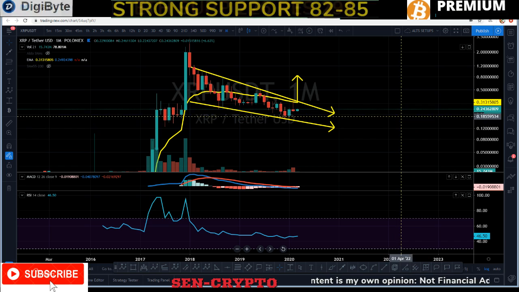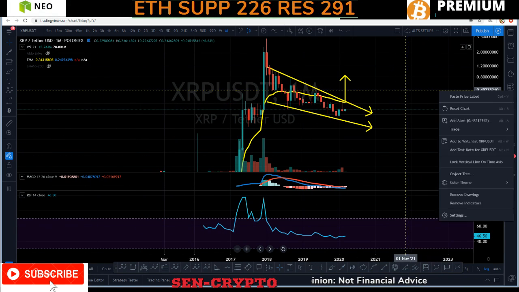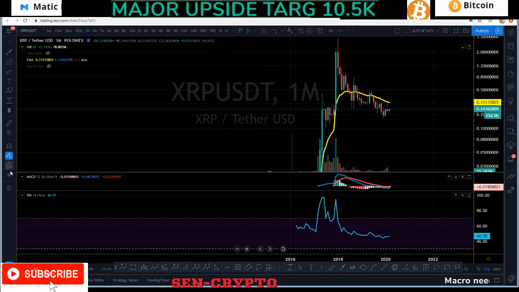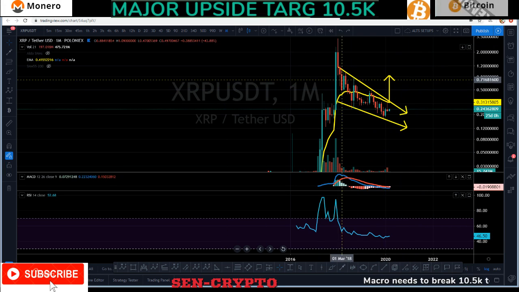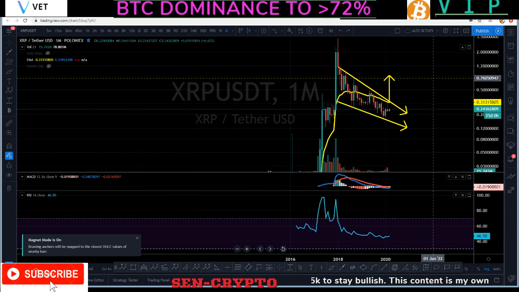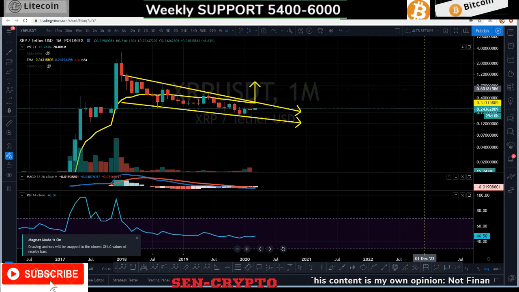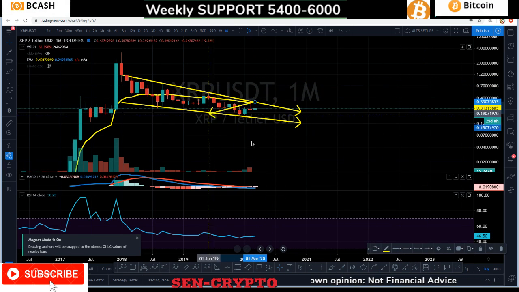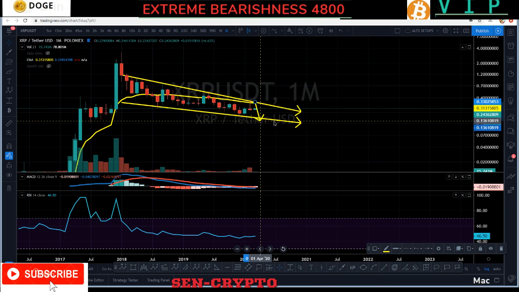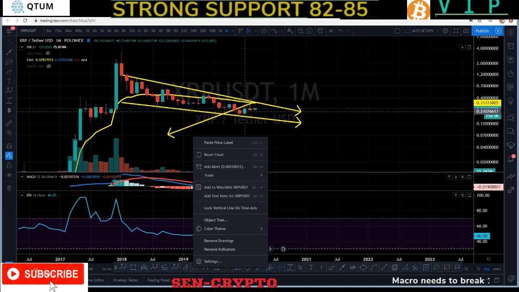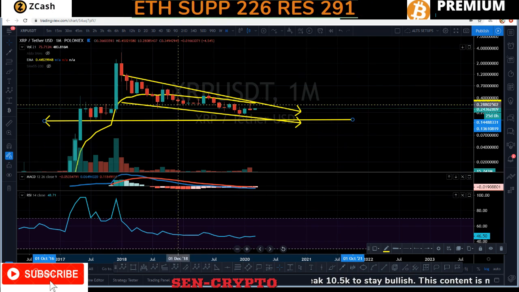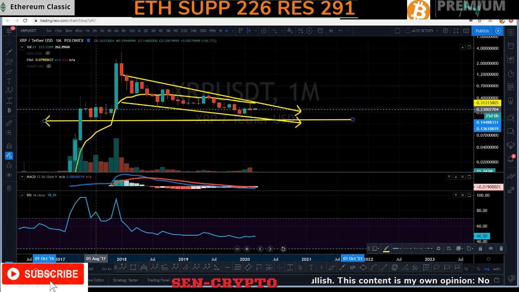If we're assuming XRP is basically going lower, let's first try to find support just about 13 to 15 cents, which is also about this area back in August 2017 lows.